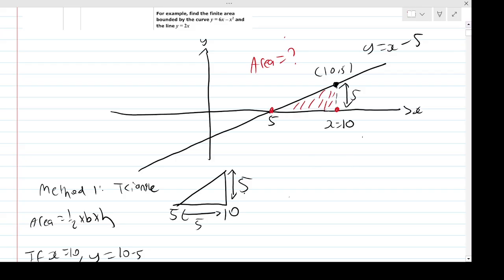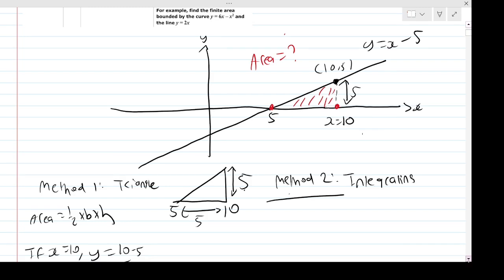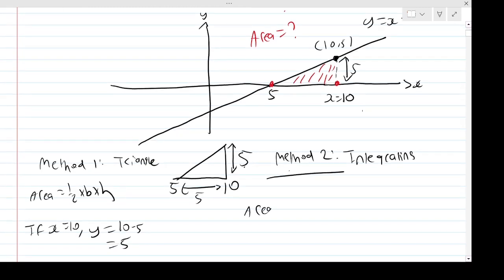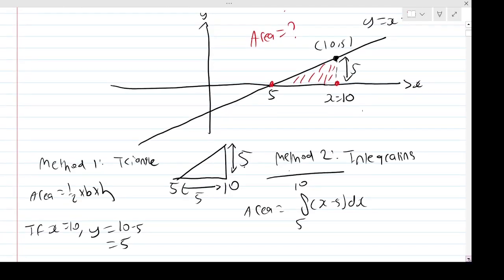So we could alternatively use integration to do the area under the curve between these two limits at 5 and 10. The area would simply be the integral between 5 and 10 of the line, which is x minus 5 dx.